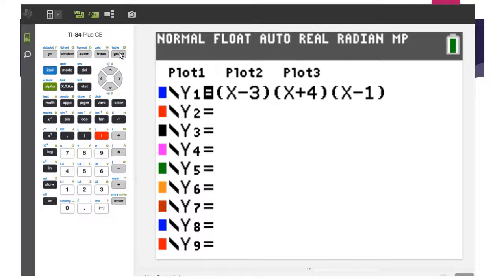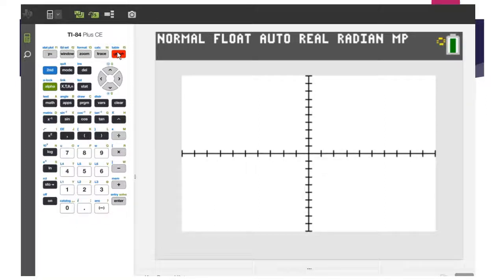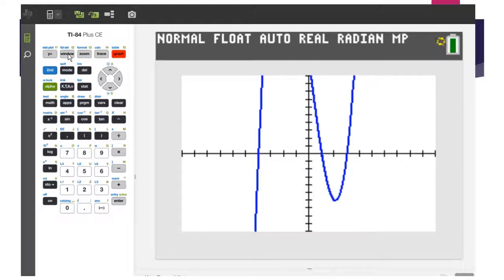And I'm going to look at the graph. Looking at the graph, I don't see the complete cube function, so I want to see the whole graph, which means I'm going to have to change the window.